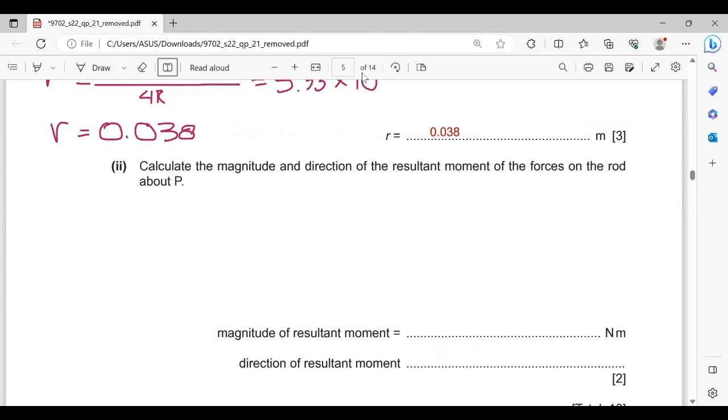So moment equals, this moment, not mass, moment equals F times D. I'm going to use this formula.